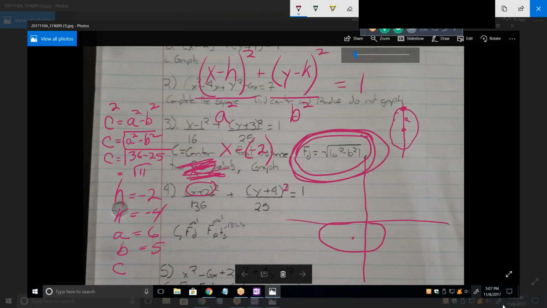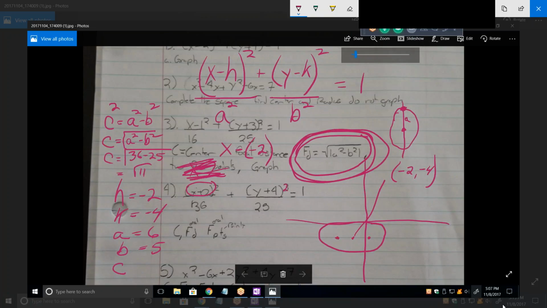Now, let's go back to our drawing and start labeling some of these things. I'm going to label these points up here. Here's the center. That's minus 2, minus 4. There's two focal points. One is somewhere approximately there.